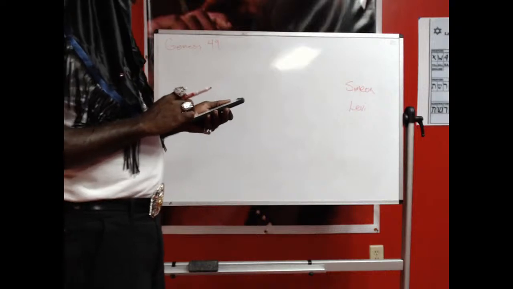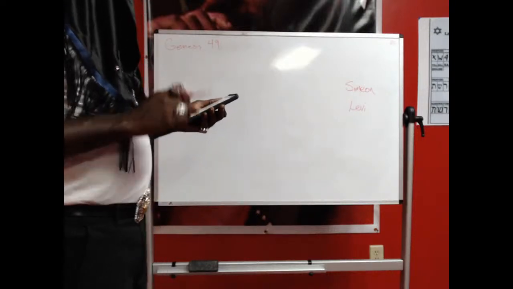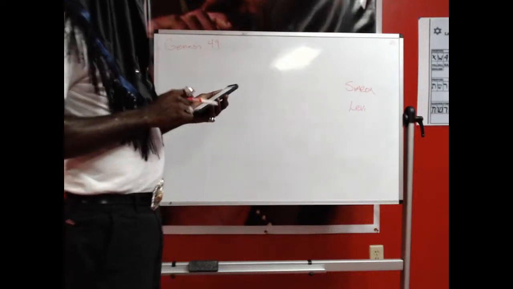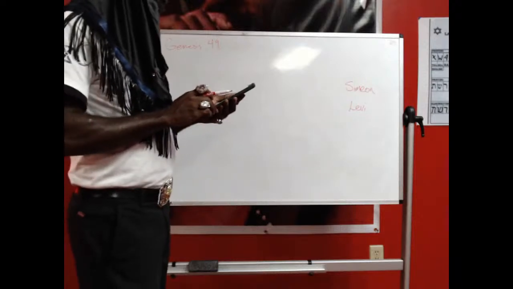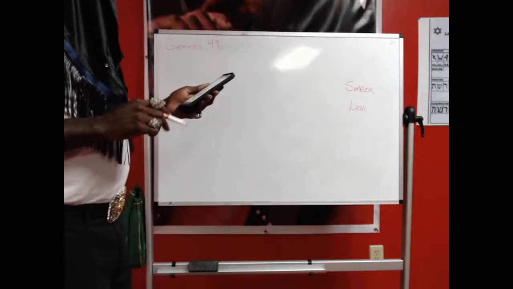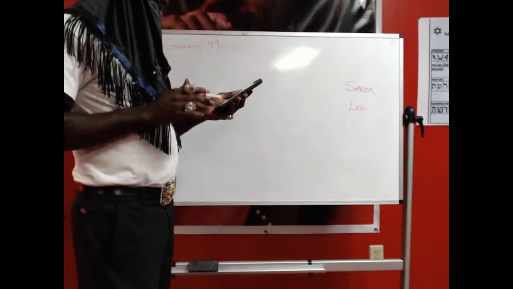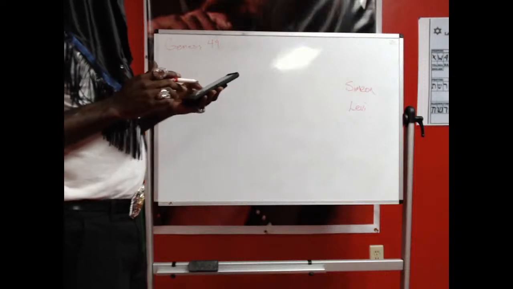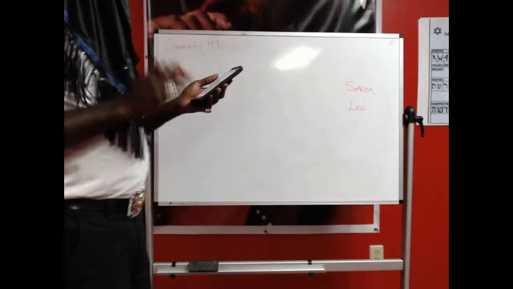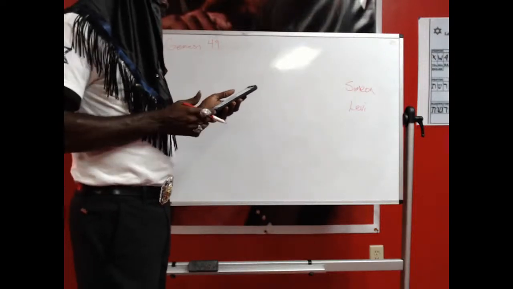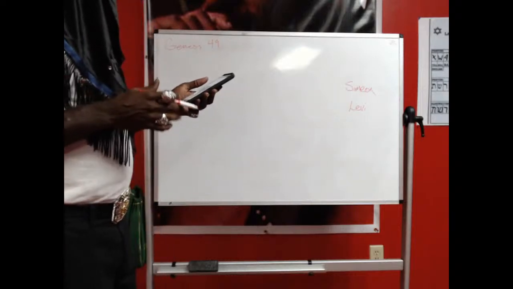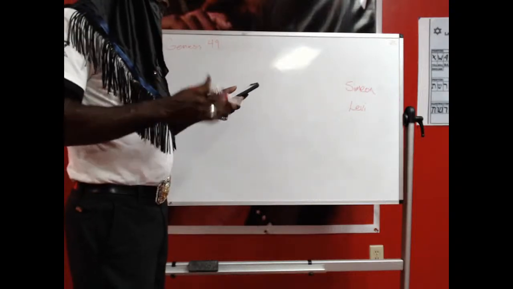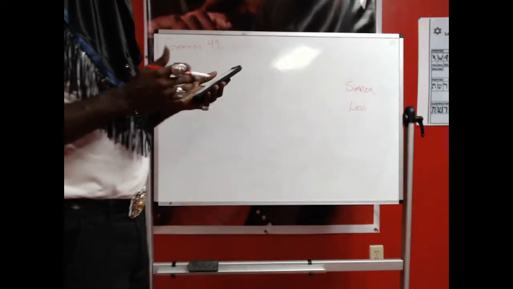It says, verse 6. O my soul, come not into their secret, unto their assembly, my honor, be not thou united, for in their anger they slew a man, and in their self-will they dig down a well. Cursed be their anger, for it was fierce, and their wrath, for it was cruel. I will divide them in Jacob and scatter them in Israel.